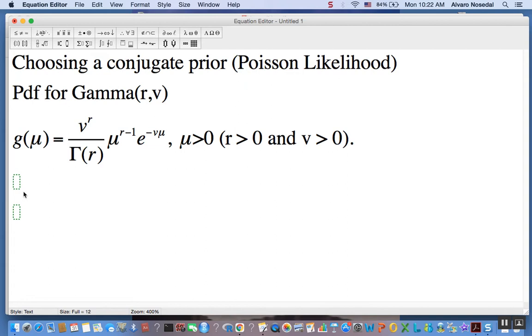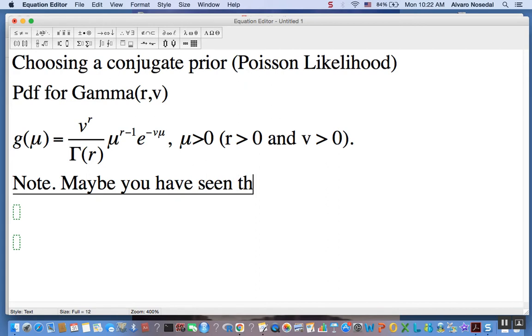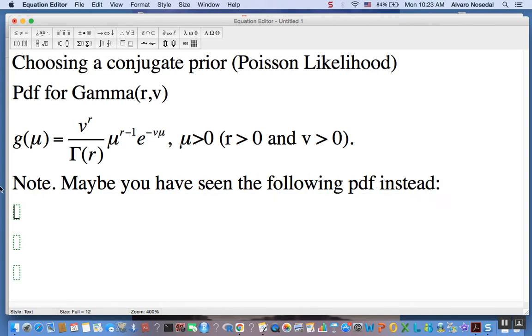Something that I would like to mention as well is that you may have seen another expression for the PDF of a gamma. Maybe you have seen the following PDF instead. Let me use f of y.